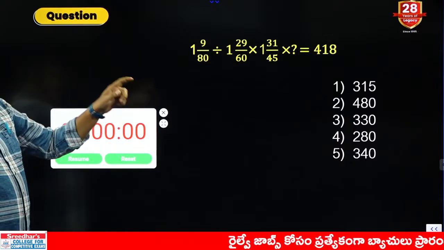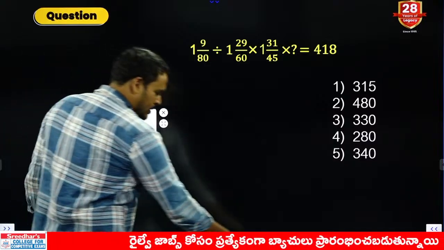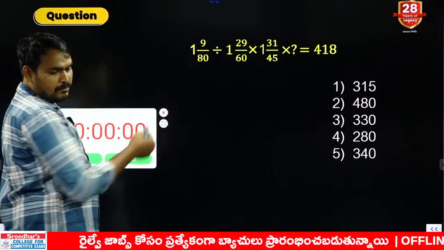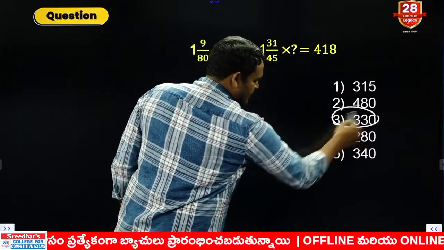Okay, answer will be 330. What is the first answer? 19 by 80. 19 by 80 means answer we are getting 330. What is the actual value?